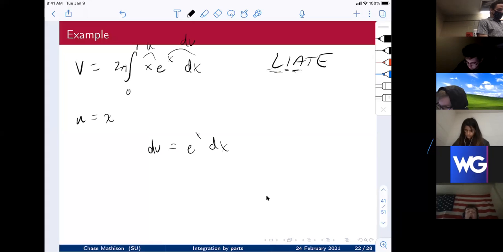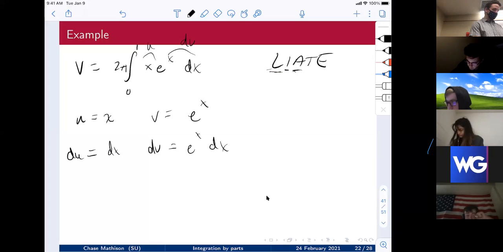So if u is x, then what is du? dx, perfect. And if dv is e to the x dx, then what is v? e to the x, perfect. So this becomes 2 pi. So this is scratch work.